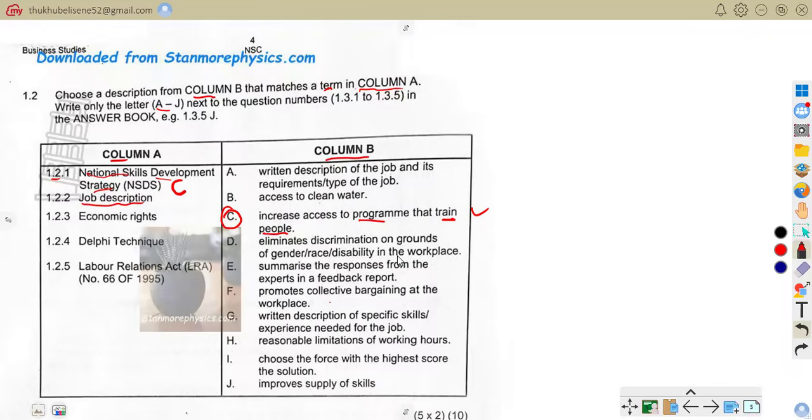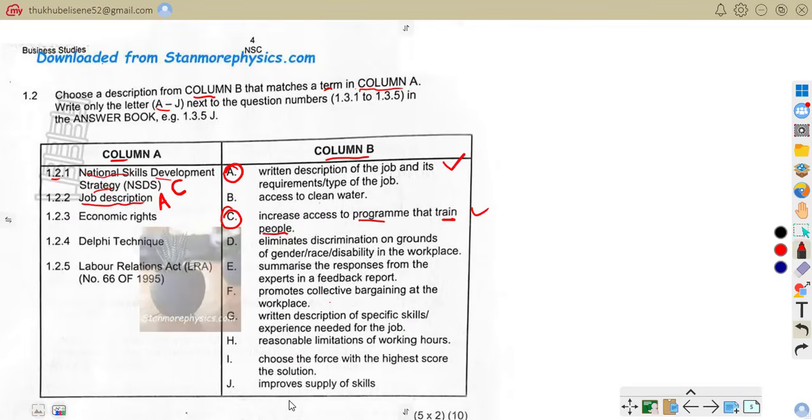For example, a marketing manager job and specifying the digital skills needed in that job. So now we look at the description that matches that term: a written description of a job and its requirements, or type of the job, that is A. So the correct answer is A.